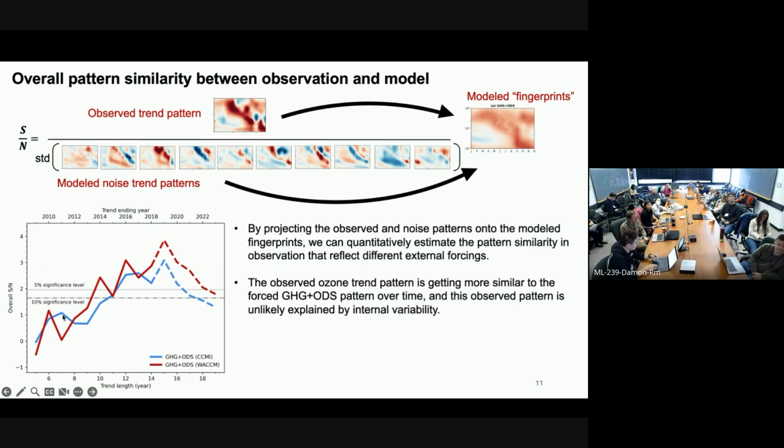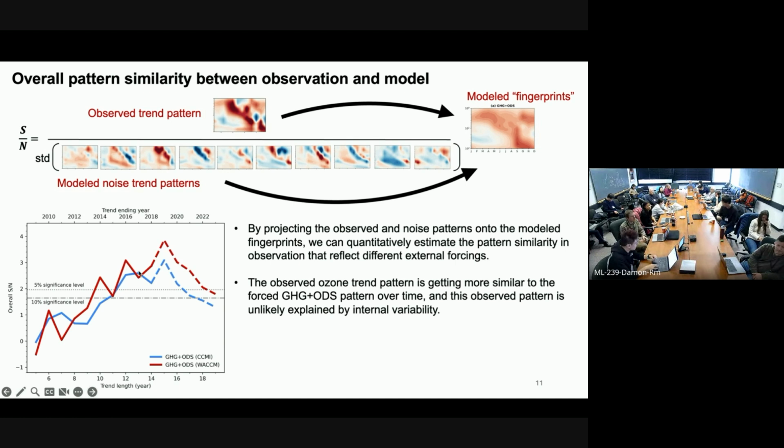And here the red line is the signal over noise ratio from the WACCM simulation. And the blue line shows the similar thing, but for 19 different CCMI models. So the WACCM simulations capture internal climate variability, but the CCMI ensembles capture not only internal climate variability, but also the different model physics in response to the common external forcing.